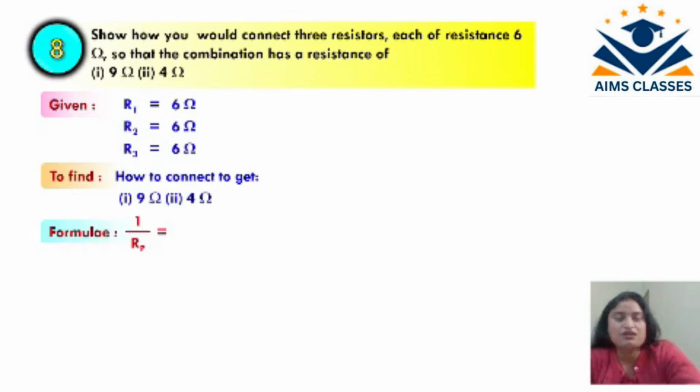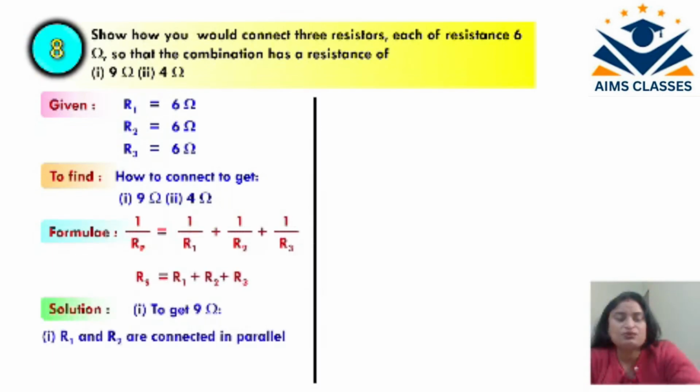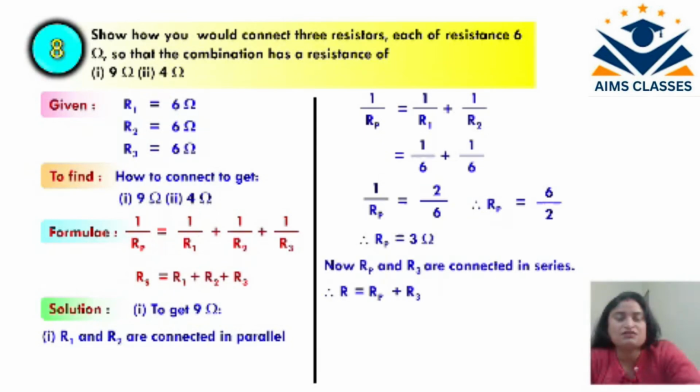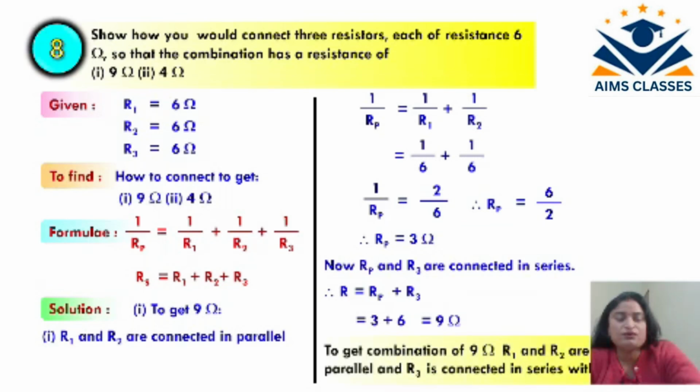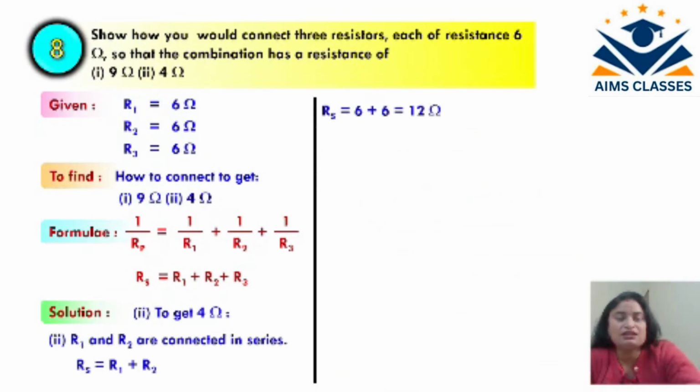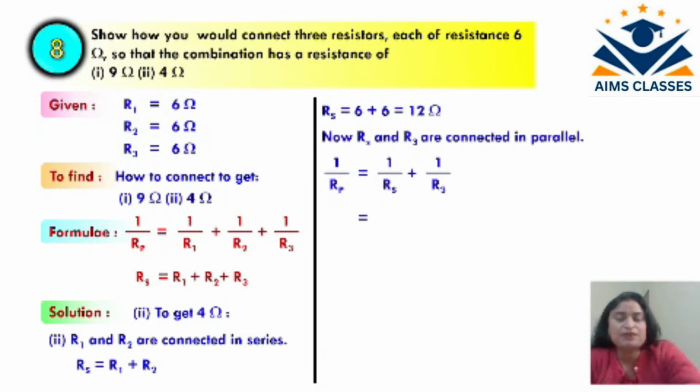First of all, R1 and R2 connected in parallel, so we get the answer 3, and this is connected in series, so 6 plus 3 equal to 9. And in a similar way, how to find 4? To get 4, R1 and R2 connected in series, and then 12 ohm connected in parallel with 6 ohm, so the answer will be 4 ohm.